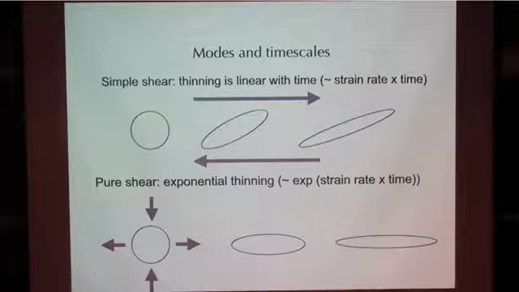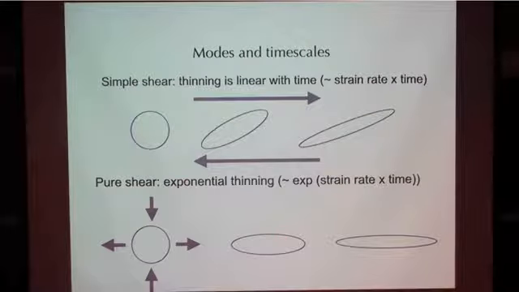It'll be elongated in one direction and thinned in the other direction. We can measure the rate of thinning with time. And in a simple shear situation, that thinning is going to be proportional to the strain rate and time.